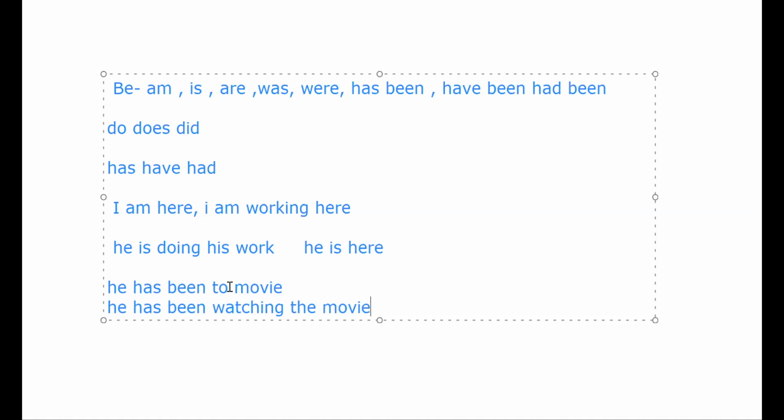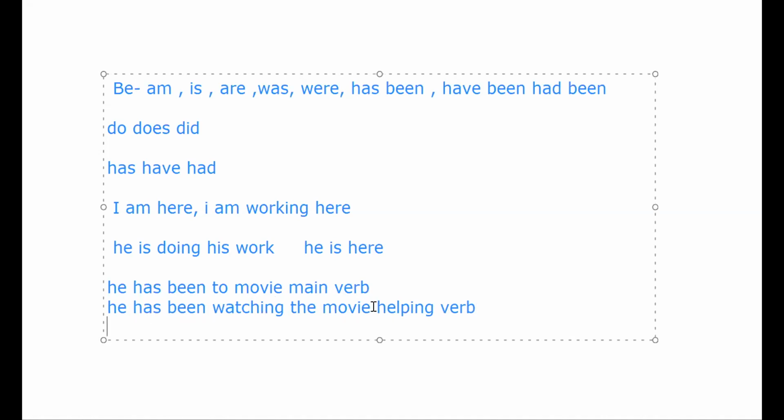Here, this is used as main verb, and here it is used as helping verb. Okay, this is main verb. This is helping verb. Okay.